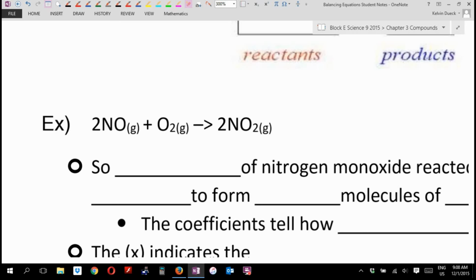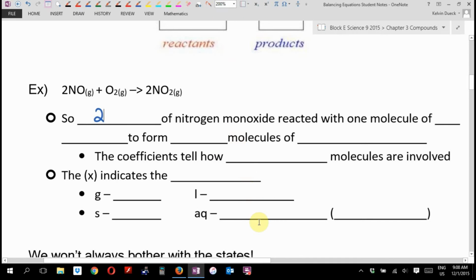So this is saying NO. NO, that's not the word no because it's 2 capital letters. This is called nitrogen monoxide. How many molecules of nitrogen monoxide are we starting with? So 2 molecules of nitrogen monoxide reacted with 1 molecule of O2.